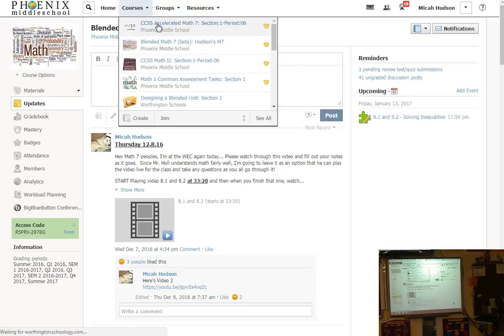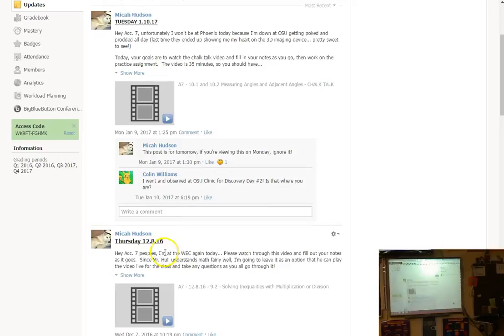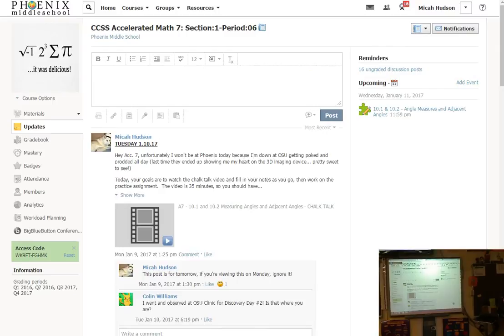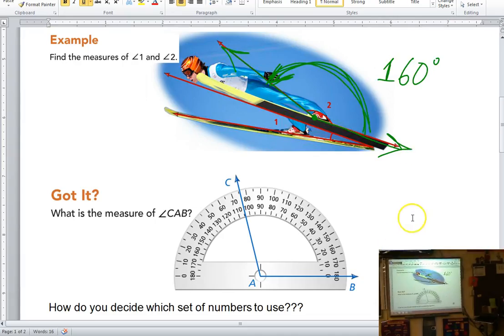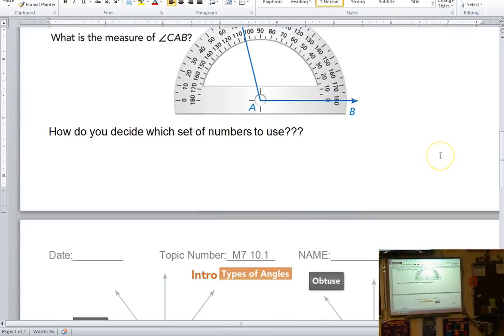So, our Accelerated 7, we had this Thursday, 1/10/17. You could comment right here. So, yeah. I was at Ross Heart Hospital, Colin. So I don't know what you mean by OSU Clinic, but I was at Ross. Anything else on 10.1?